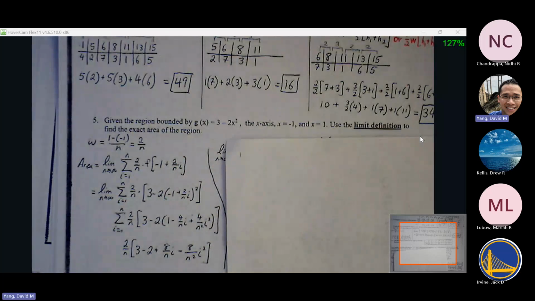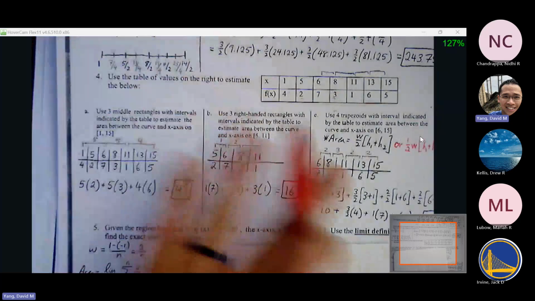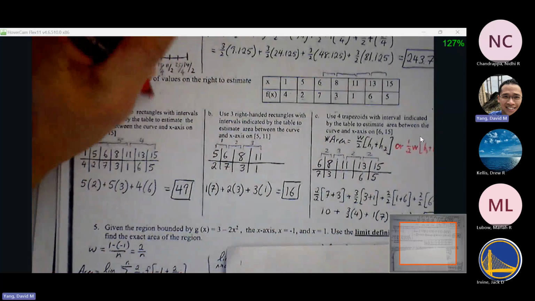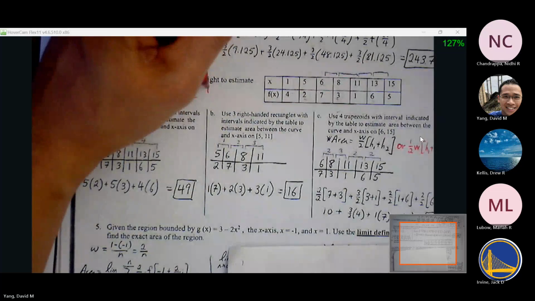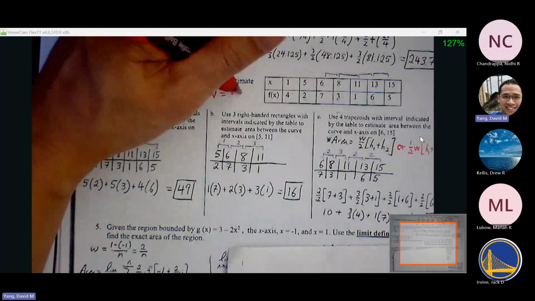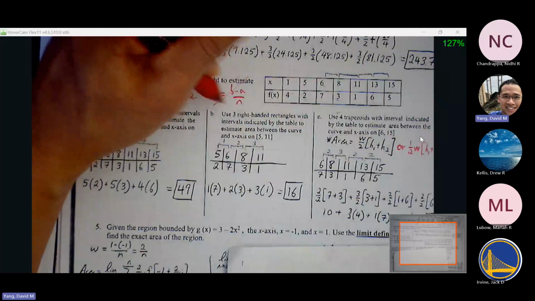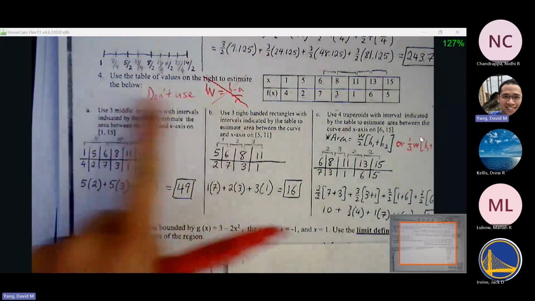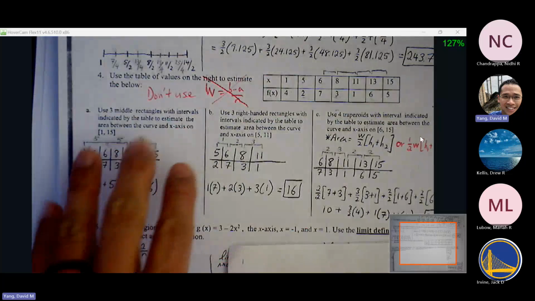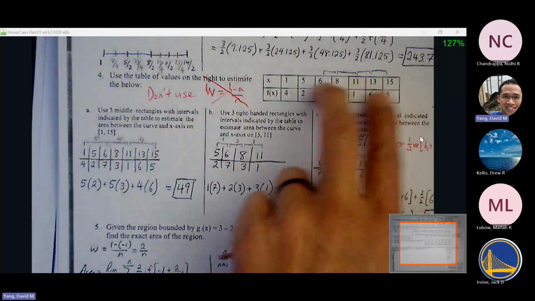And then again, as a reminder, when you're dealing with these problems here, don't use width equals b minus a over n. You're going to get some wrong values if you use this width formula for a table of values. Okay, with a table of values, you're supposed to find the width on your own separately.